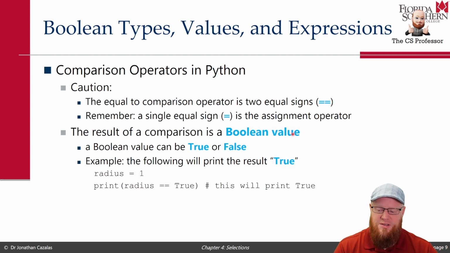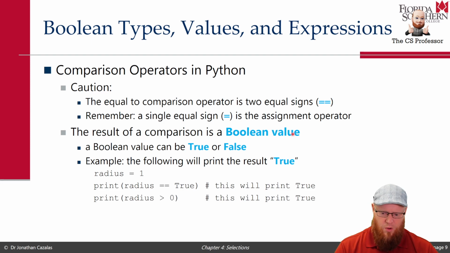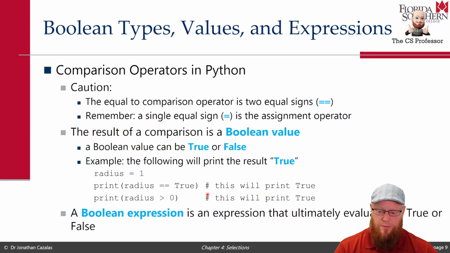And so going over this example, radius equals 1. And here, if I print radius equals 1, that will print true, because in fact, radius is 1. That's a typo here. Is the radius greater than 0? Yeah, 1 is greater than 0. That will also print true.